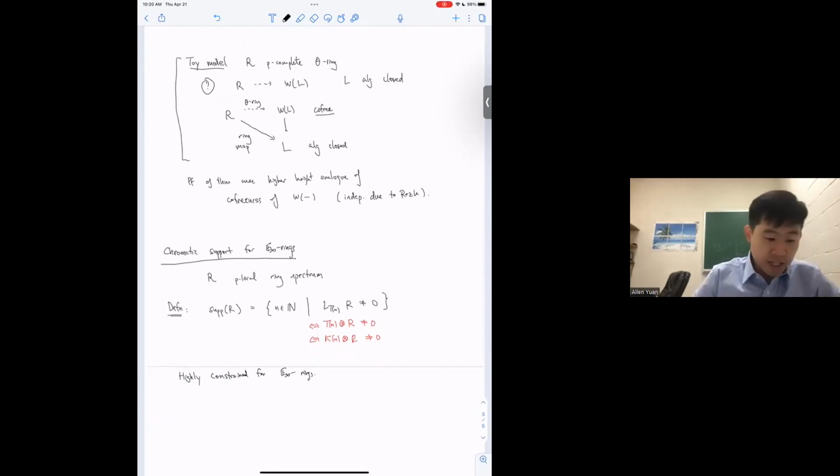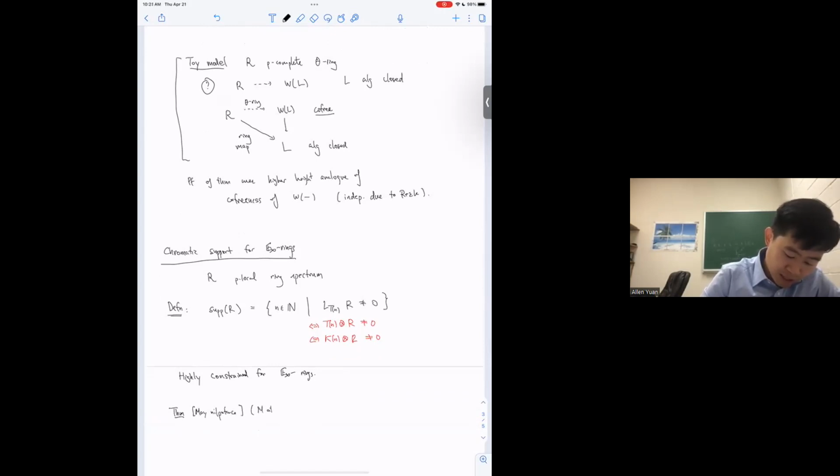The first hint at this that I know is a theorem sometimes known as May nilpotence, which is due to Mathew, Naumann, and Noel.